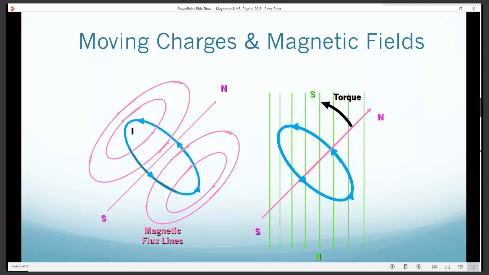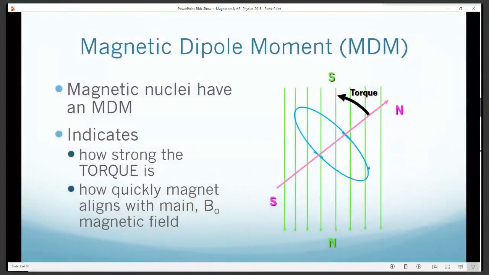It will experience a torque, and the north pole of the magnetic field produced by the current loop will tend to align with the south pole of the applied magnetic field. And as I mentioned, the magnetic moment, or more specifically, the magnetic dipole moment, is the single easiest parameter used to characterize the magnetic field. It indicates how strong the torque is that the magnetic field and the current loop experience and how quickly they'll align.